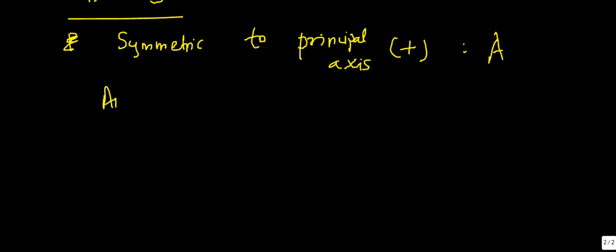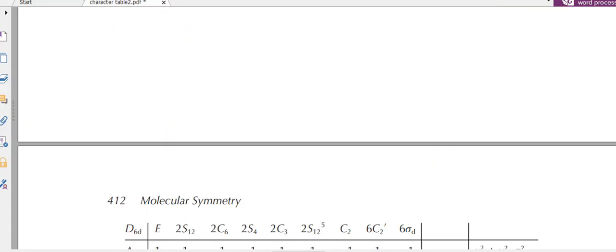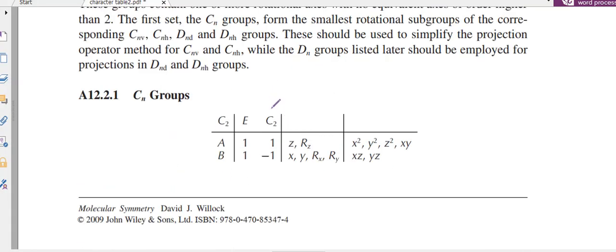If it is anti-symmetric to the principal axis, that is minus, then the symbol is B. This we will check now. Here C2 is the principal axis. Here this is plus 1, and so you find A. The next number is minus 1, and you find B.